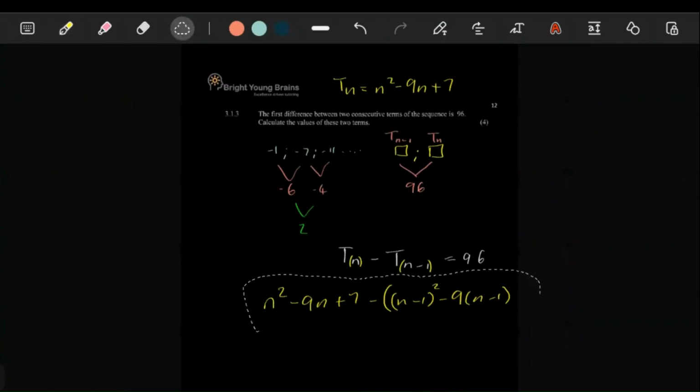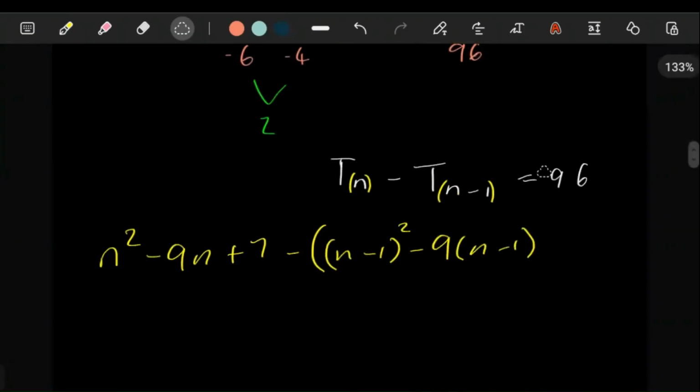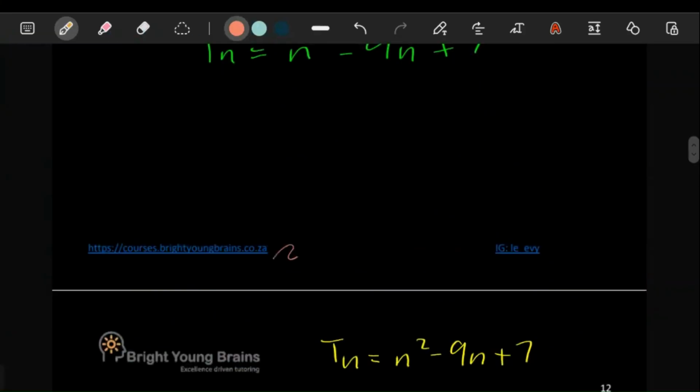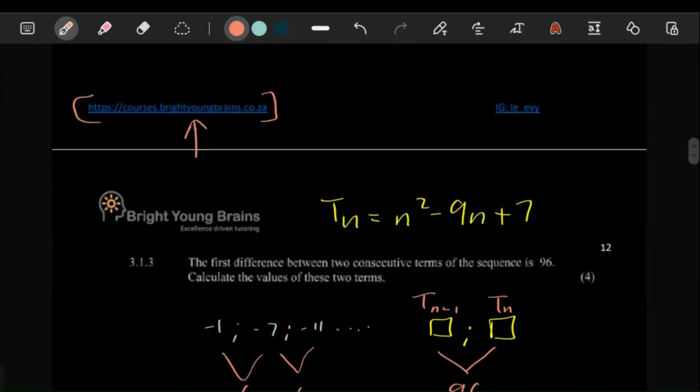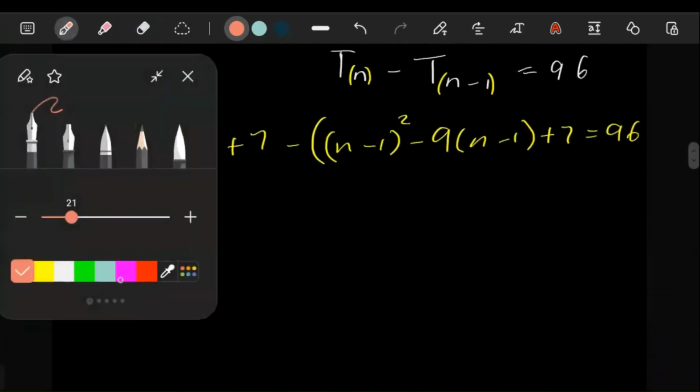You see? So you being able to do stuff like this, this is why these kinds of past papers are necessary, because they show you different tricks. That is why things like the sequences and series course on the website is important, because it will allow you to learn these kinds of methods.